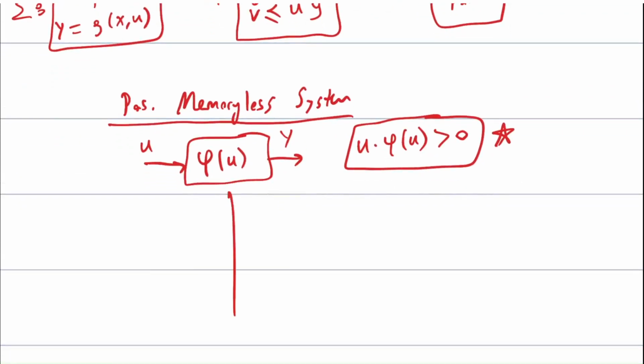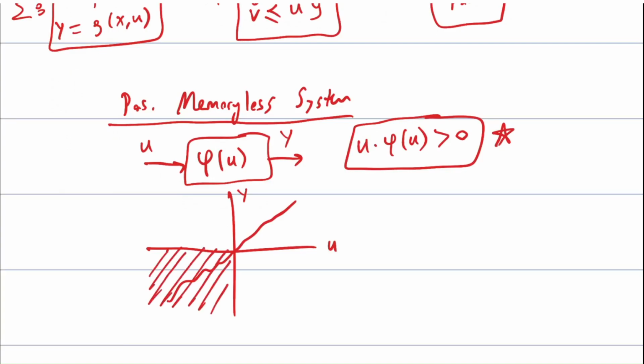Let's call the input u and the output y. If you plot this function of u and y, and that line only occurs in the first and the third quadrant, then you will say, yeah, this static system is a passive memoryless system.